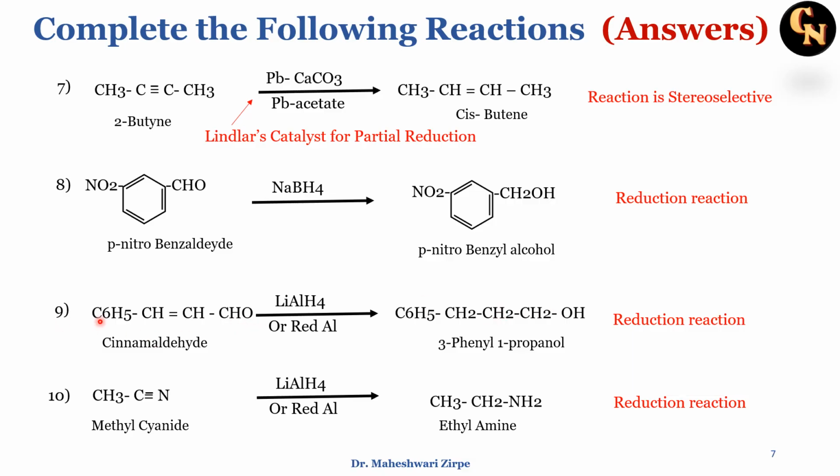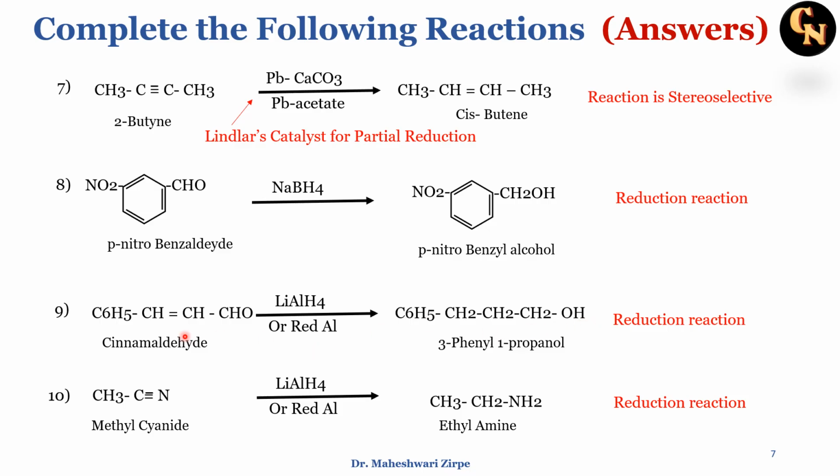So in the product, C6H5, then this CH has converted into a single bond CH2, and the aldehyde group, that is the CHO group, has also been converted into alcohol, that is CH2OH.